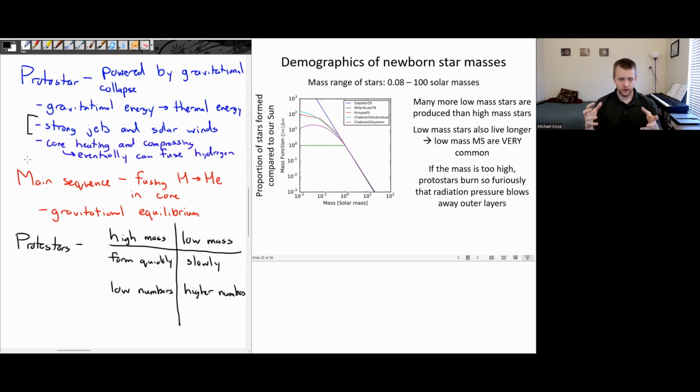Well, if I try to form a star that's more than 100 or 150 solar masses, much larger than that, then the protostar that's trying to collapse to form a very, very high mass star, like something over 200 solar masses, as it's trying to form, the solar winds that it's producing are so strong that it will actually blow away any further layers from trying to collapse onto this star and add to its mass. So approximately around 100 or 150 solar masses, that's pretty much the upper limit of the masses of stars that we see in our galaxy.